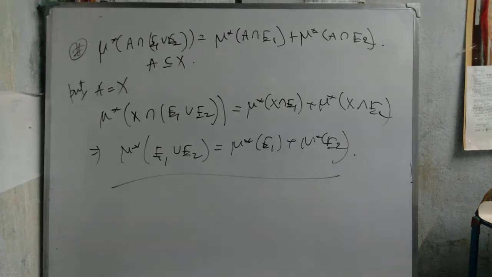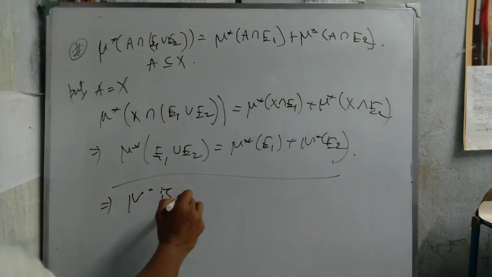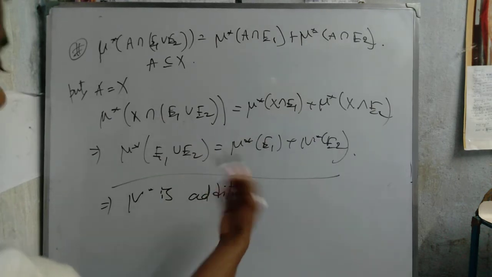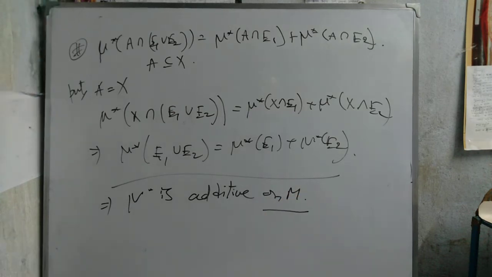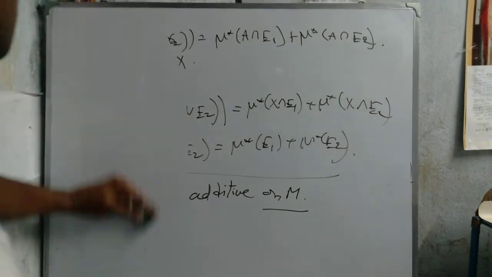Now we discuss further. Mu star is additive if two sets; if a finite number, then finitely additive, on n measurable sets. This observation was also clear from that. Now we are going to the finite additive property, but first we discuss it in this way.